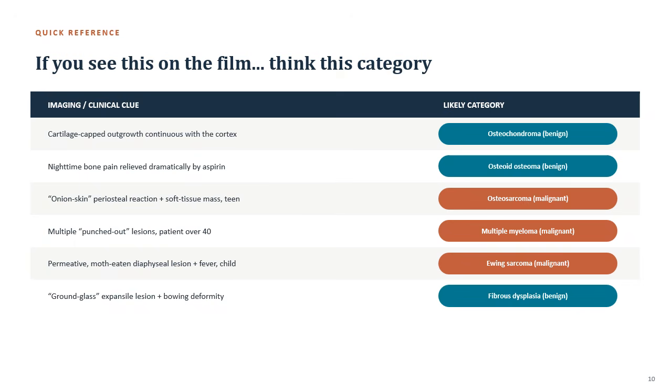If we're looking at a moth-eaten diaphyseal lesion and the child is presenting with a fever, we're looking at Ewing sarcoma, and it is malignant. And then last but not least, if we're looking at a ground glass lesion with deformity, we're looking at fibrous dysplasia, and it is benign.